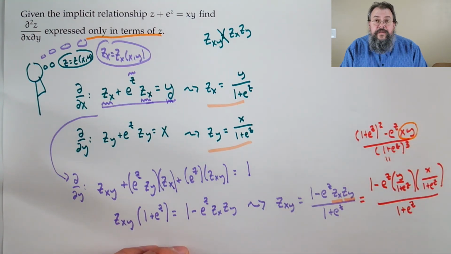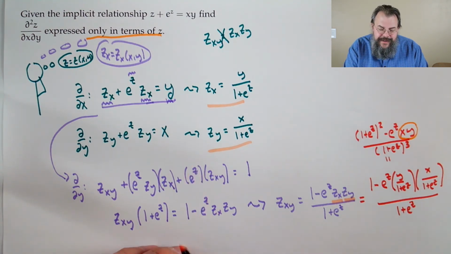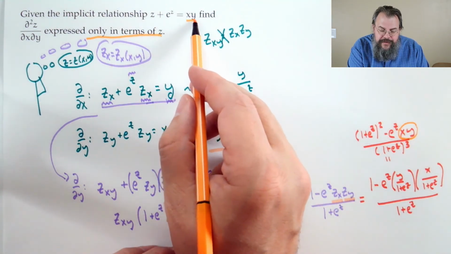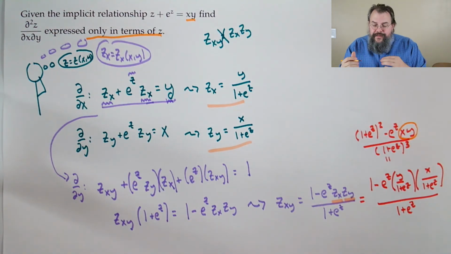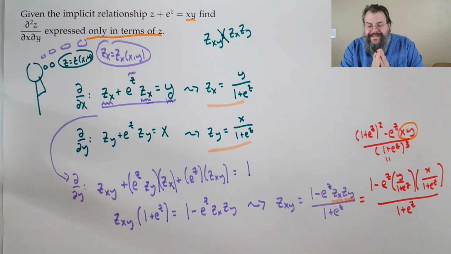That's not in terms of the z. Those are other variables. Is there anything we can do with x times y? Well, we know what x times y is. x times y is z plus e to the z. Aha! We can make progress.